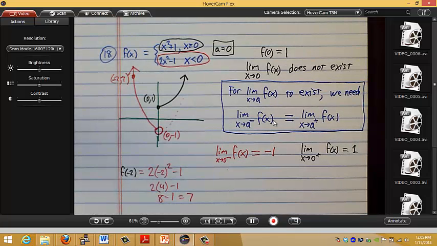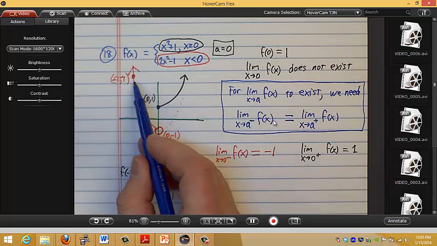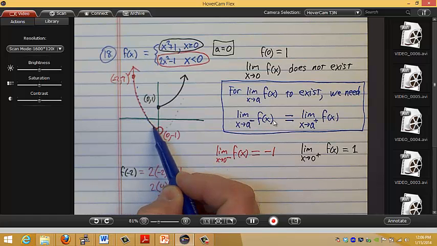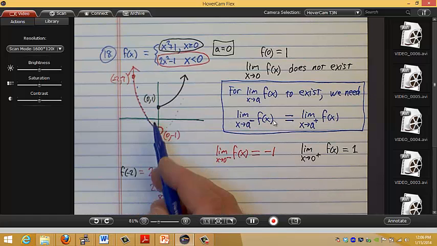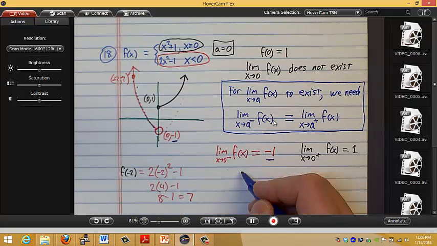Well, if you picked something close to 0, you'd be moving along the curve as you get close to 0. The outputs would get close to what? Negative 1. That's called, if you want, the left-hand limit.